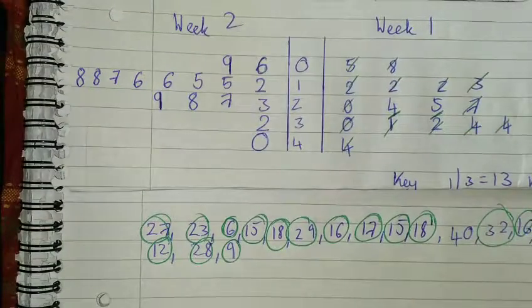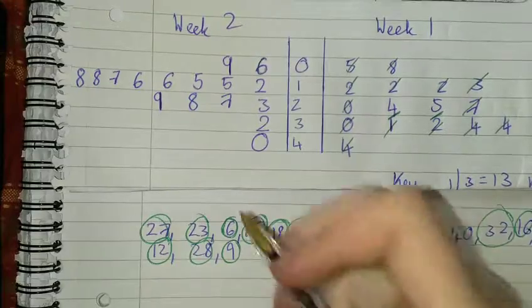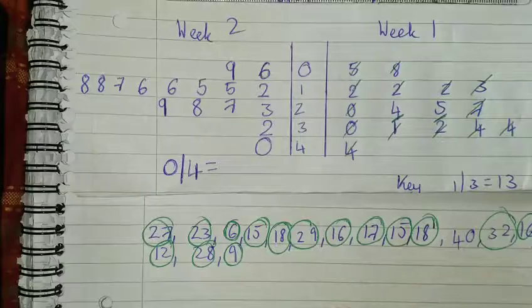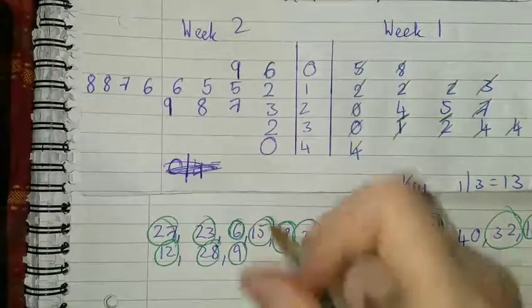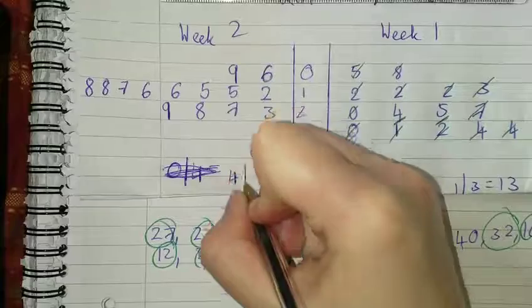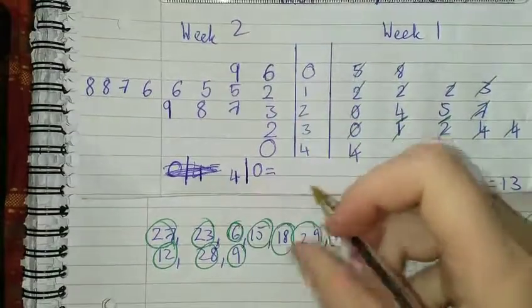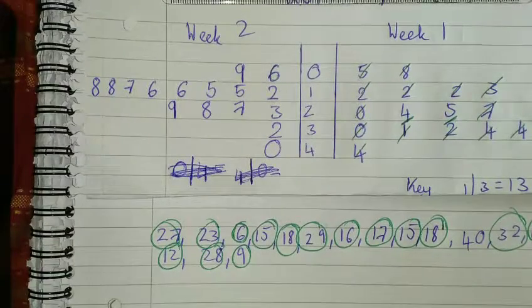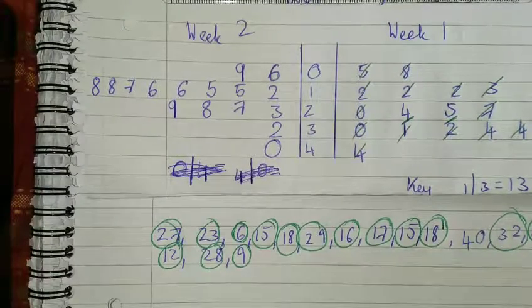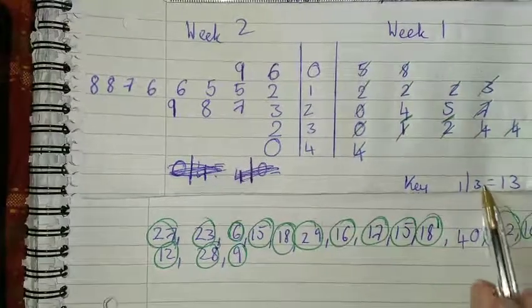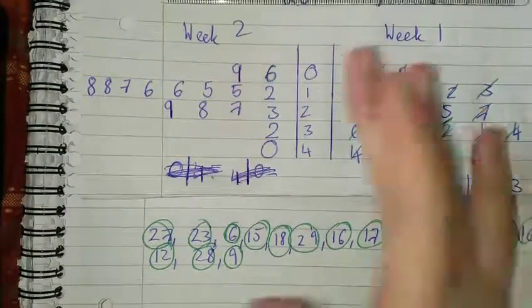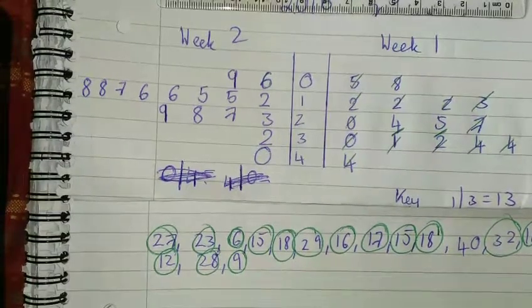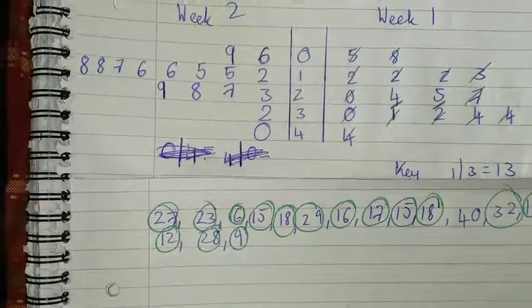And then I might be asked to do a key, so I'll just do a key. 4, 0 gives me 40. Our key is already from this side, so we don't need to do another one. We can just see that it's a back-to-back stem and leaf diagram. And that is our answer for that question.